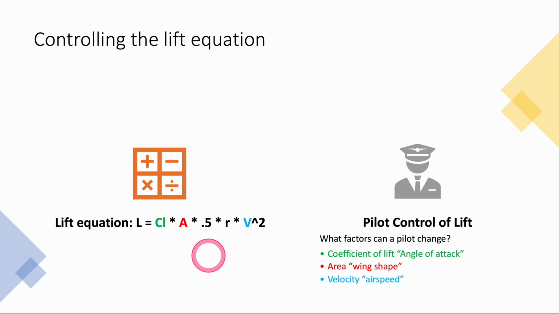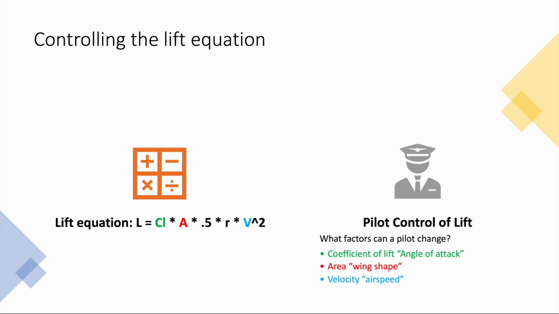So if I change my velocity by slowing down, I'm going to need to increase my lift some other way by increasing my angle of attack. If I increase my angle of attack, but I want to maintain altitude, I also need to slow down. It's a balancing act.